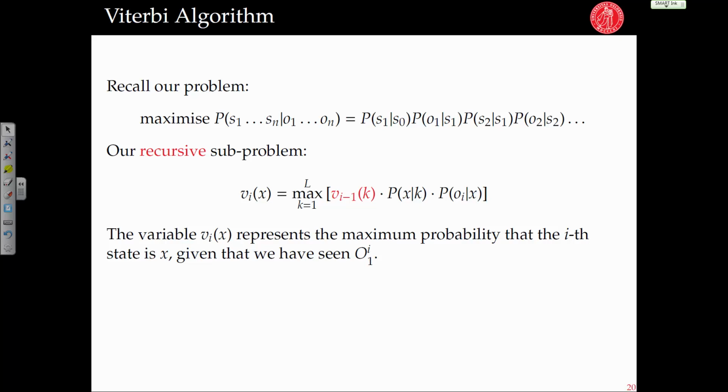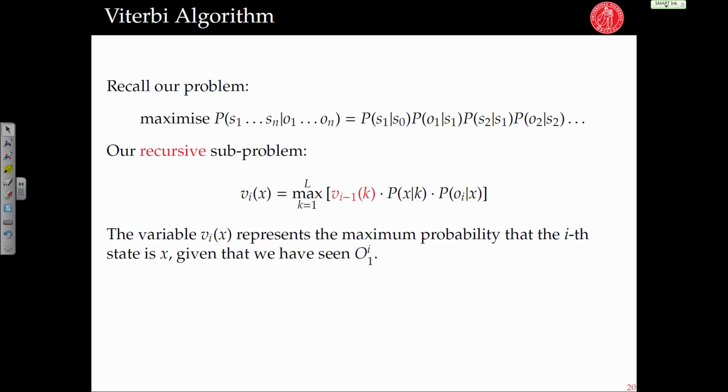We assume that we have already computed that and stored it. This is the intermediate solution, and we multiply it by the transition probability from state k to x, and the emission probability of Oi given x.